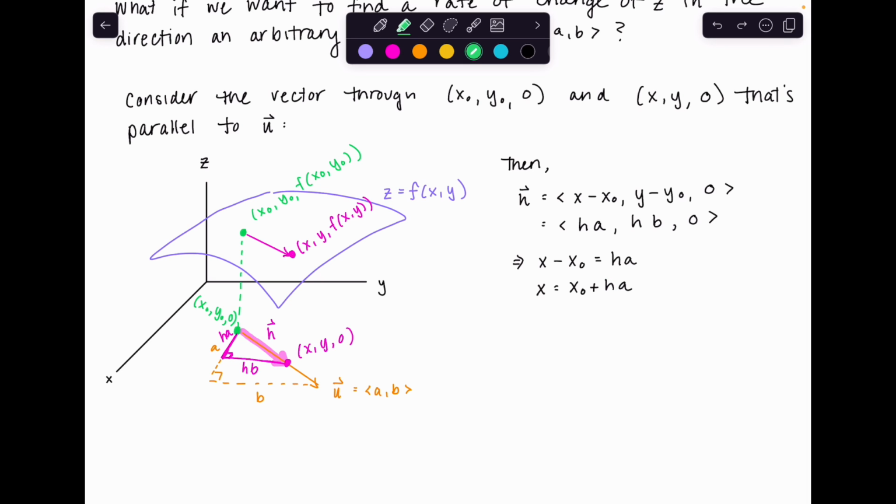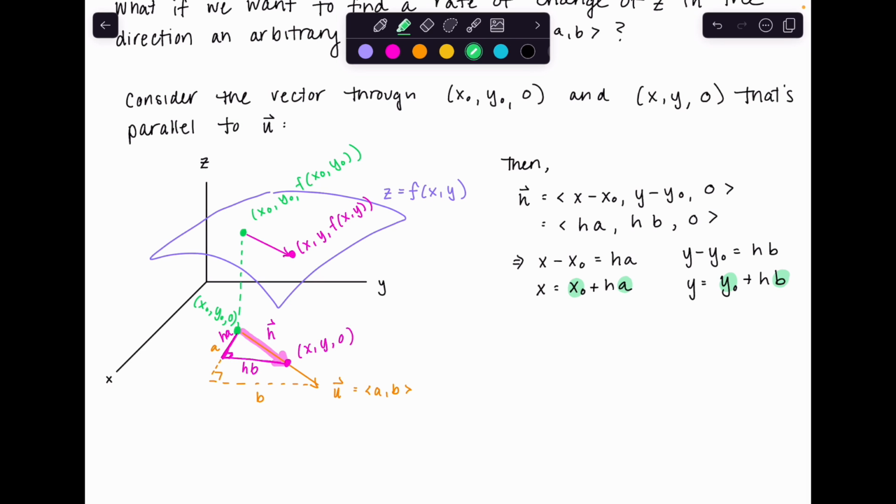And then in exactly the same way, y minus y naught is h times b. So our y coordinate can be written as y naught plus hb. x naught, y naught is the initial point. That's a given constant. a, b is the direction vector that I'm trying to find the rate of change in.